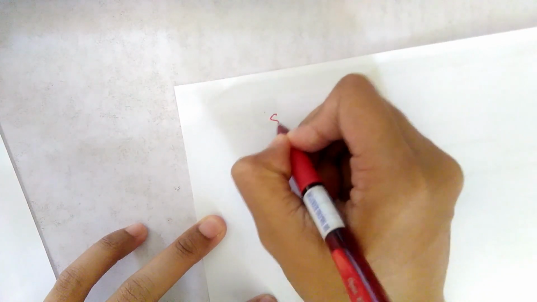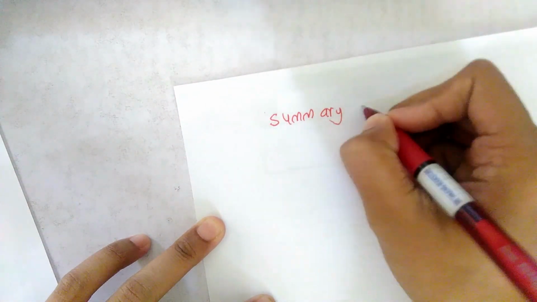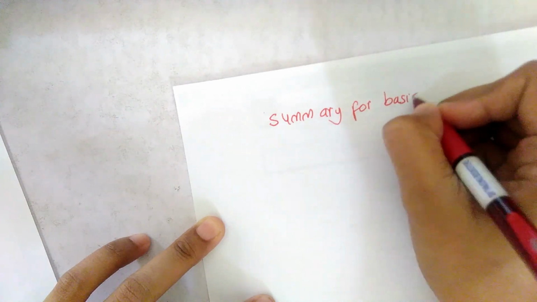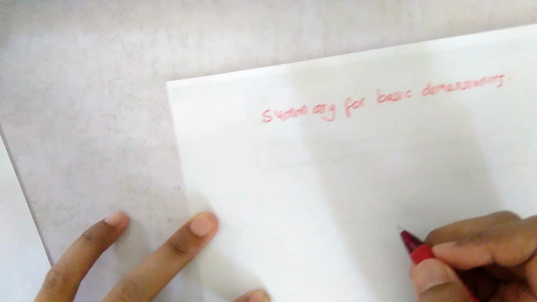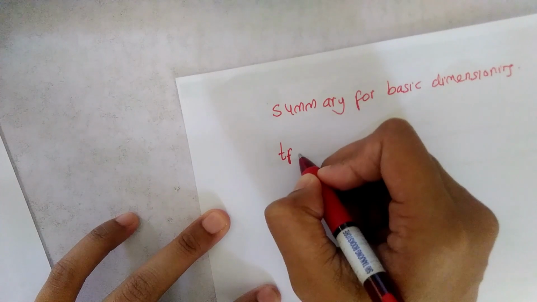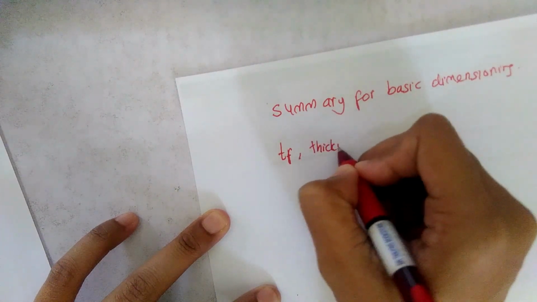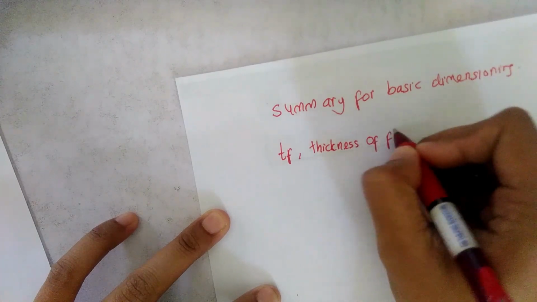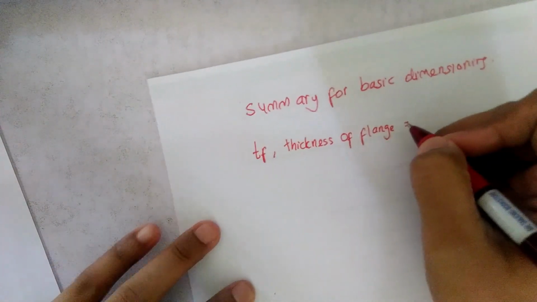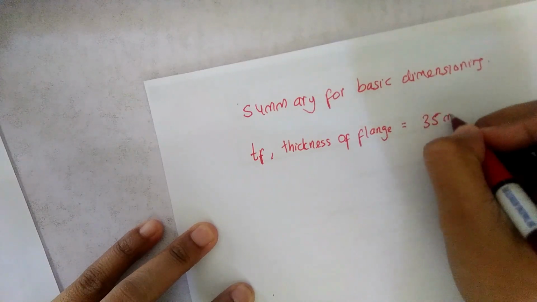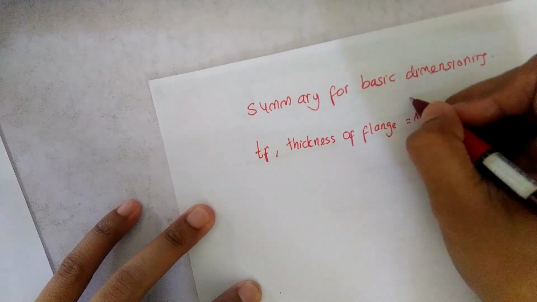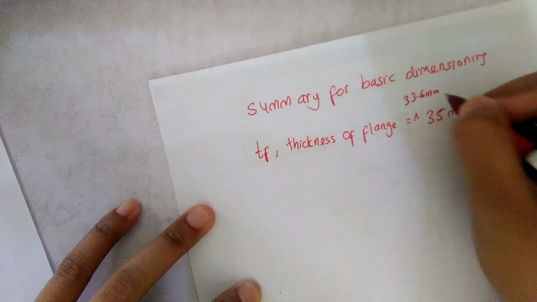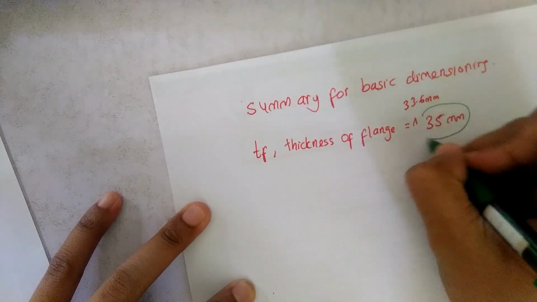So to summarize, the summary for basic dimensioning: the thickness of flange is equivalent to 35 mm, meaning that you propose it to be 35 mm, because initially it is 33.6 mm.